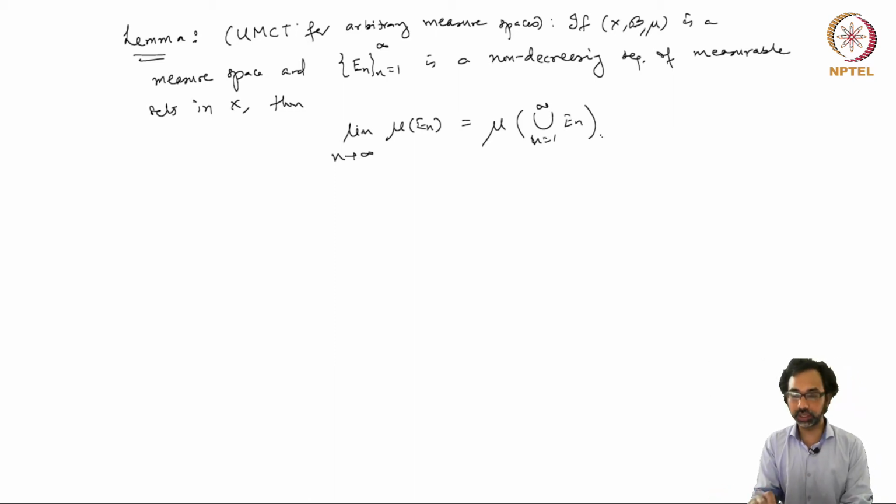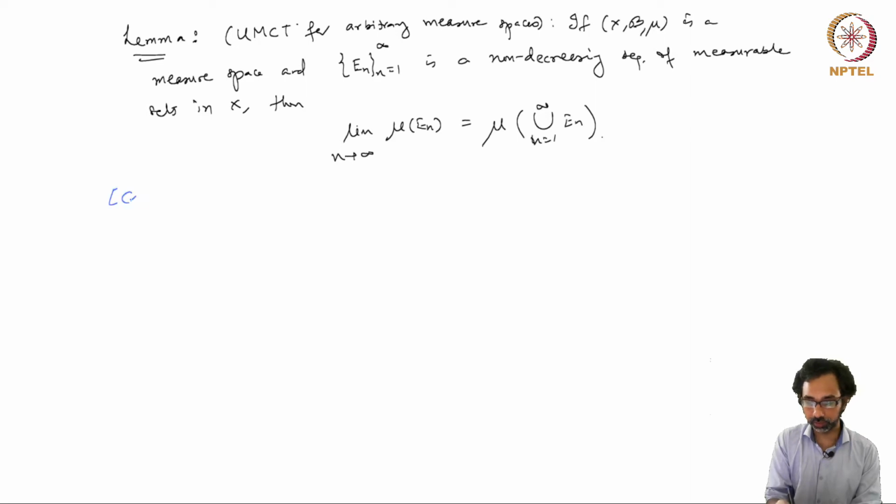So we have seen this result for the Lebesgue measure, but just check here that the proof that we used for Lebesgue measure on R^d works word by word in this abstract setting as well.